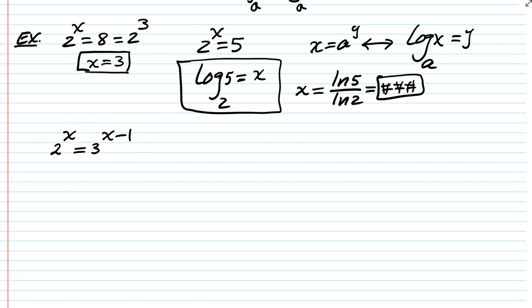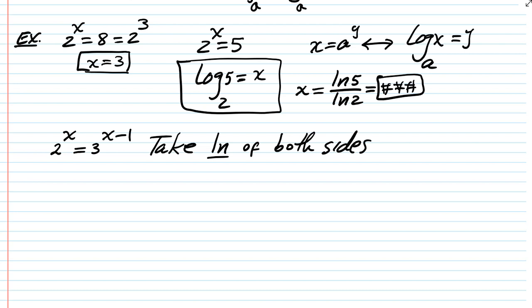So I couldn't do what I did with my earlier example, 2 to the x equal 5. For these types, I guess that makes it 3 types of exponential equation. What we do is this. We're going to take natural log, ln, of both sides.